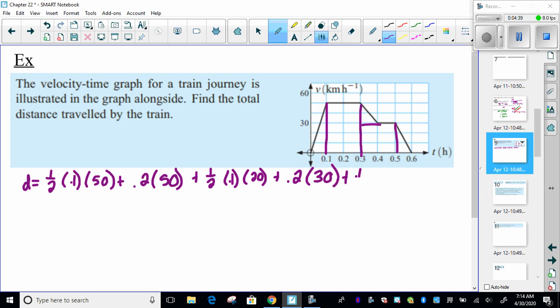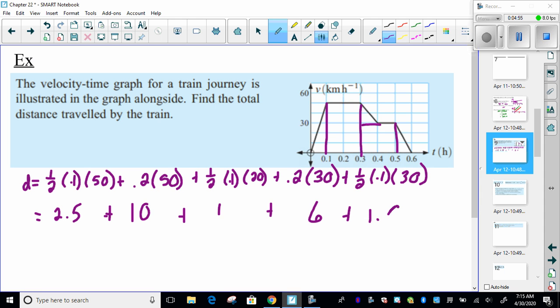And this triangle is 1/2, my base is 0.1, and my height is 30. So this is 2.5 plus 10 plus 1 plus 6 plus 1.5, which gives me a total distance traveled of 21 kilometers. Again, that was based on finding the area of each of the shapes underneath.